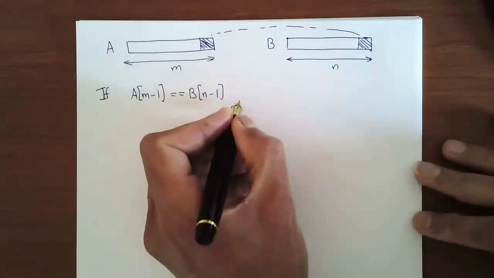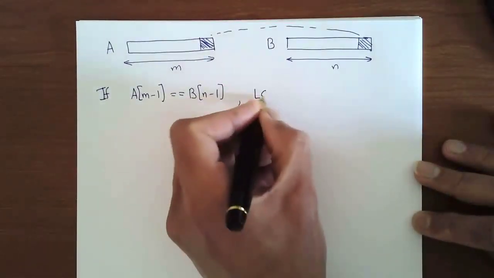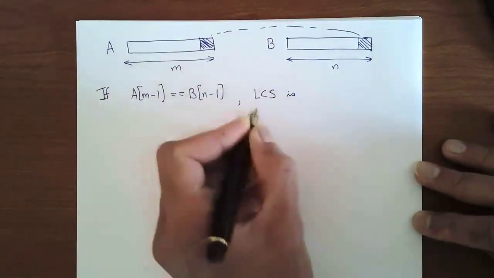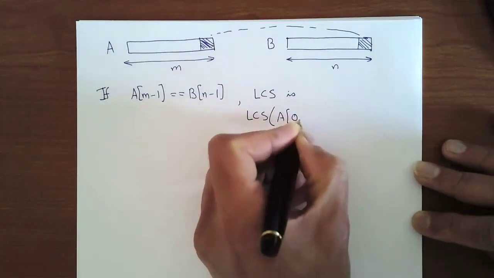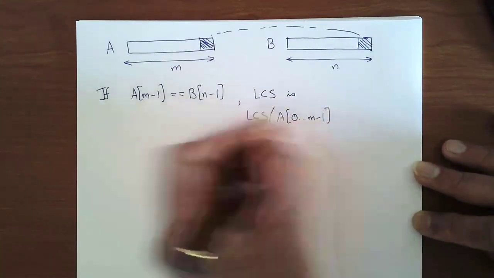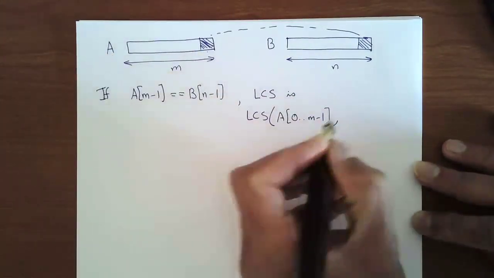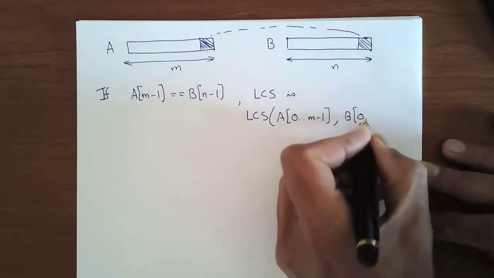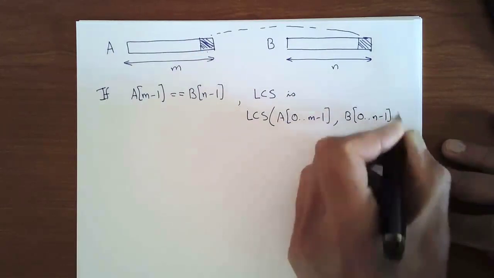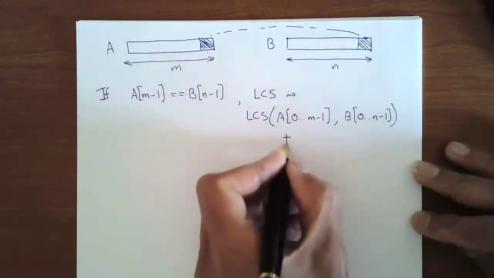In this case, the LCS is the LCS of A going up to m minus 1, so I just look at what remains, find the LCS in these two, and add 1.